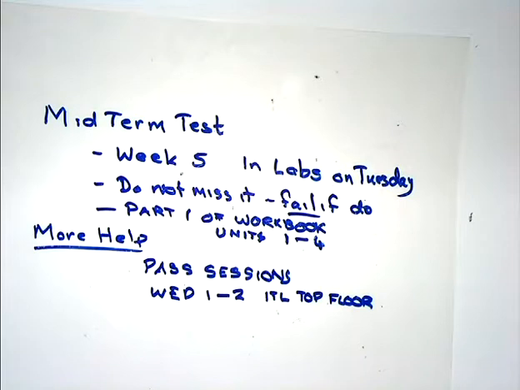But it is everything in part 1 of the workbook. I'm just getting part 2 of the workbook printed, so I'll get copies of that out to you sometime after next week, essentially, hopefully by Monday.